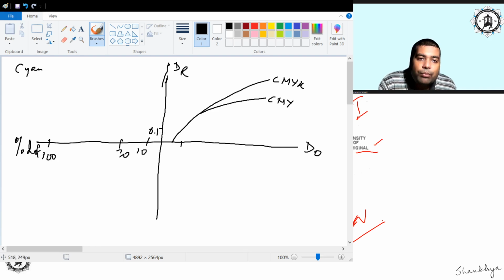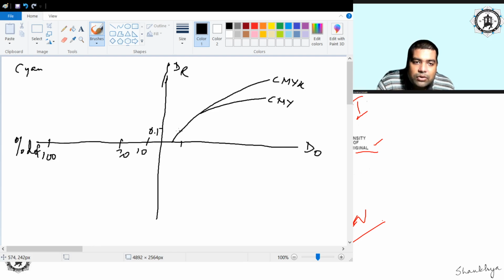So for a 0.1 density, it is well understood that this particular data will be generated by a lower dot percentage, right? So for example, if I am talking about this 0.1 data, naturally the 0.1 density will be obtained from maybe a dot percentage of 10.